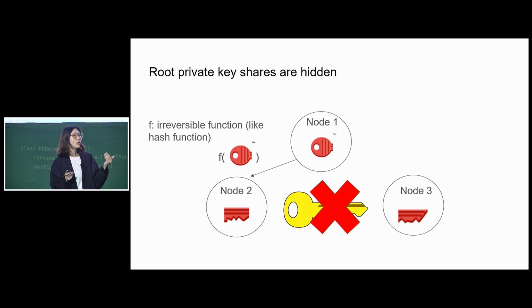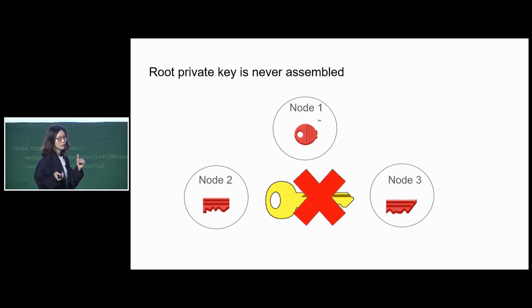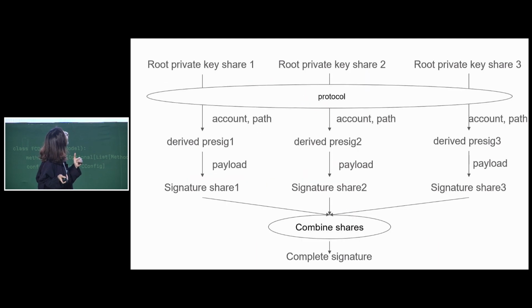And furthermore, we also keep it more secure by keeping the root private key share values hidden. As I have mentioned previously, in this kind of protocol, we see that the root private key share values actually do need to enter into some kind of protocol.